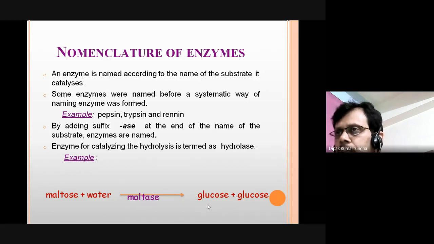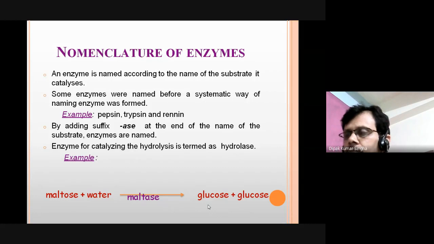At that time they decided that for enzymes that act on a particular substrate, just add the suffix -ase. For example, maltose: the enzyme is maltase.